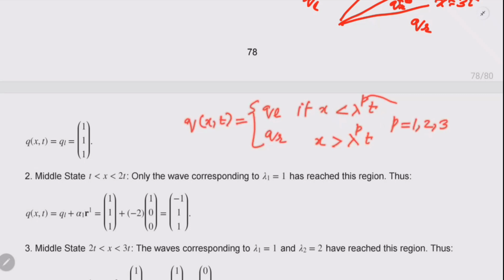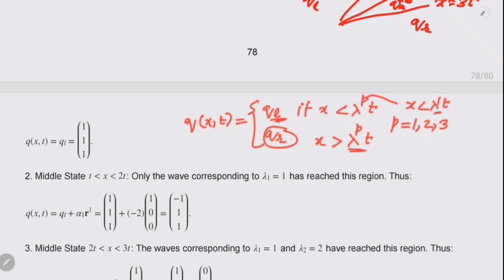When p is equal to 1, x is less than lambda 1 t, and lambda 1 t stands for the wave speed of the first characteristic. So we have Q left, and for x greater than that, we have only Q right.